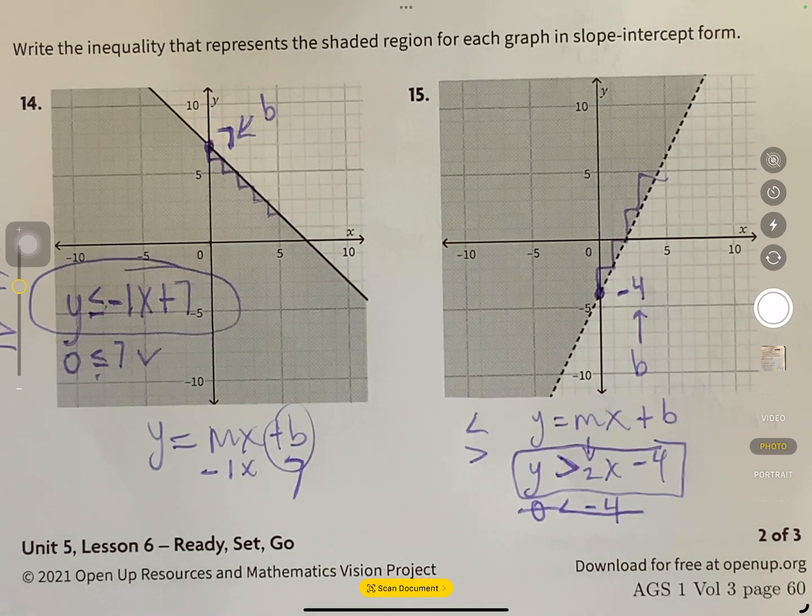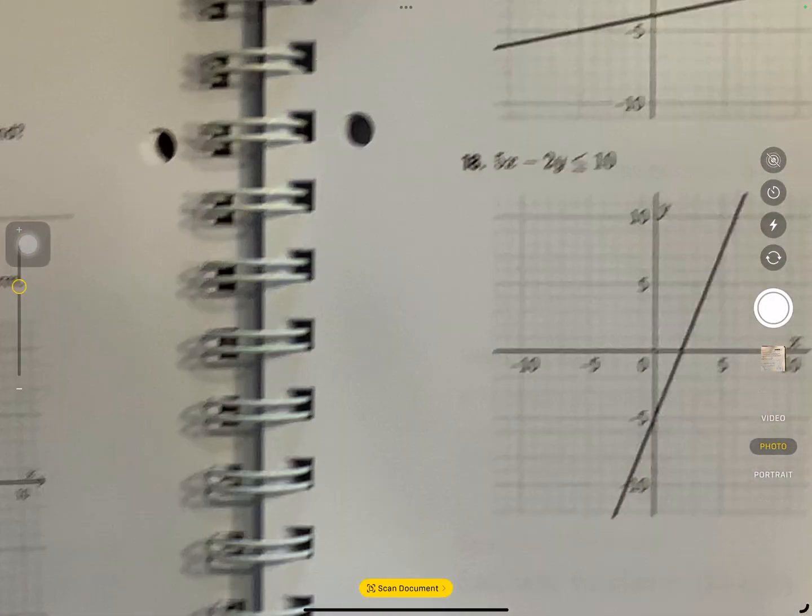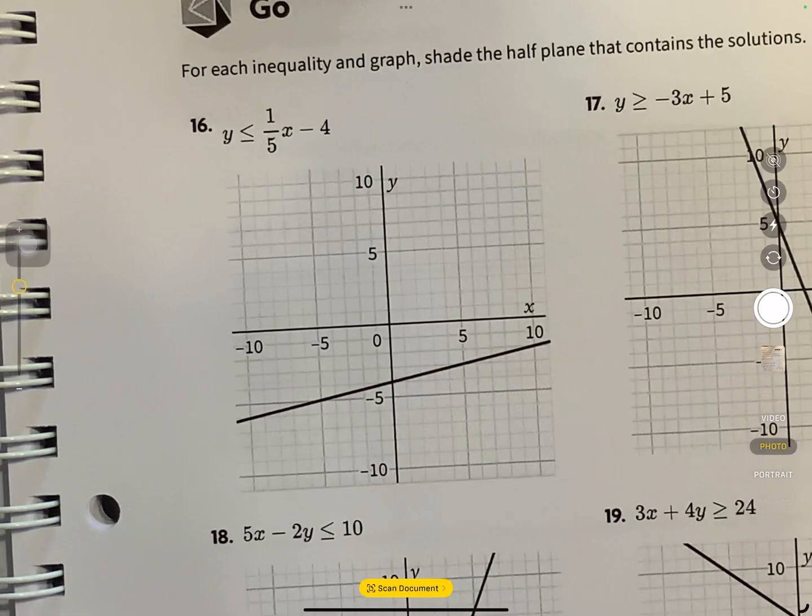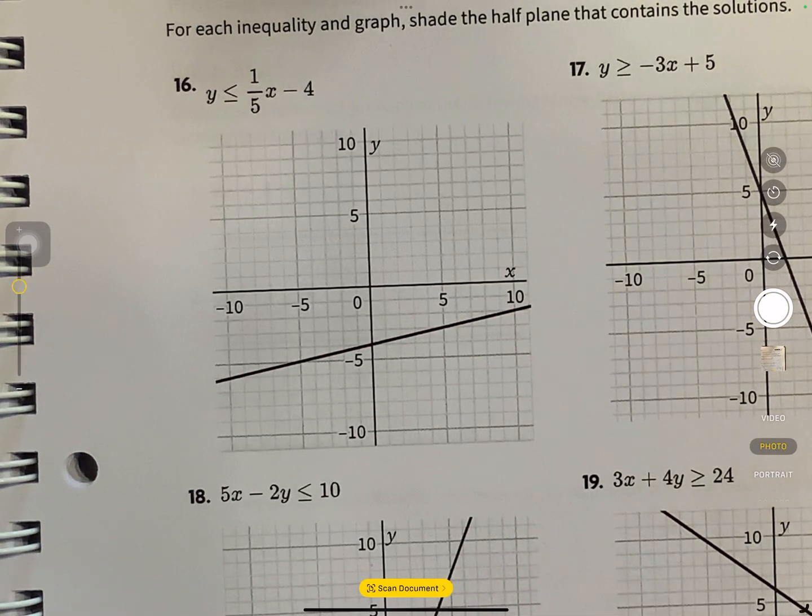All right. I'm going to move on to the shading, which is here. So grab those crayons and let's shade. I got mine. 0, 0, plug it in.